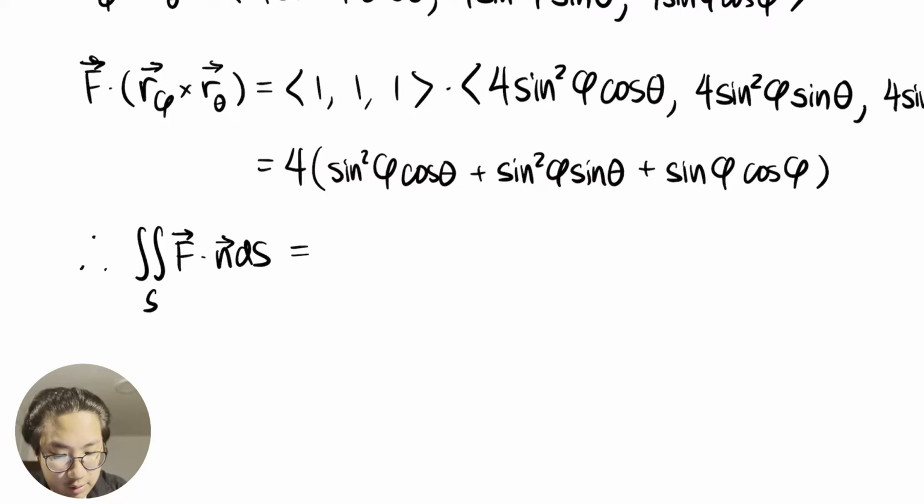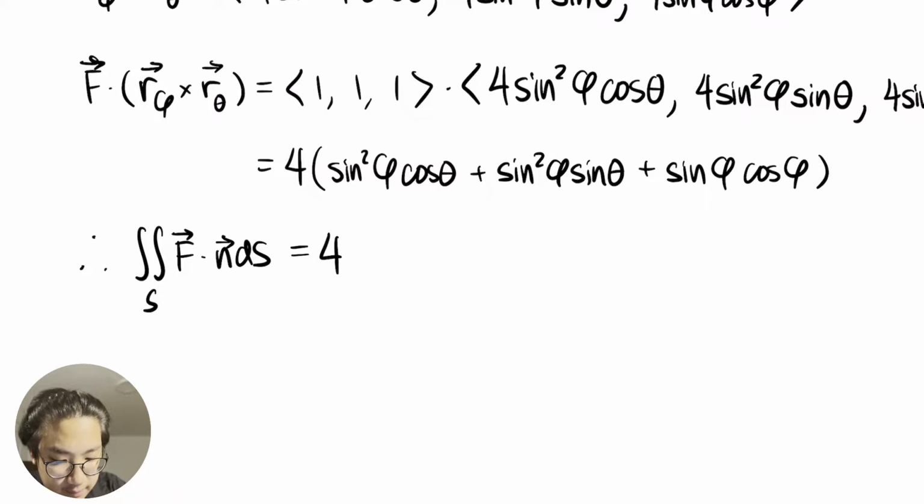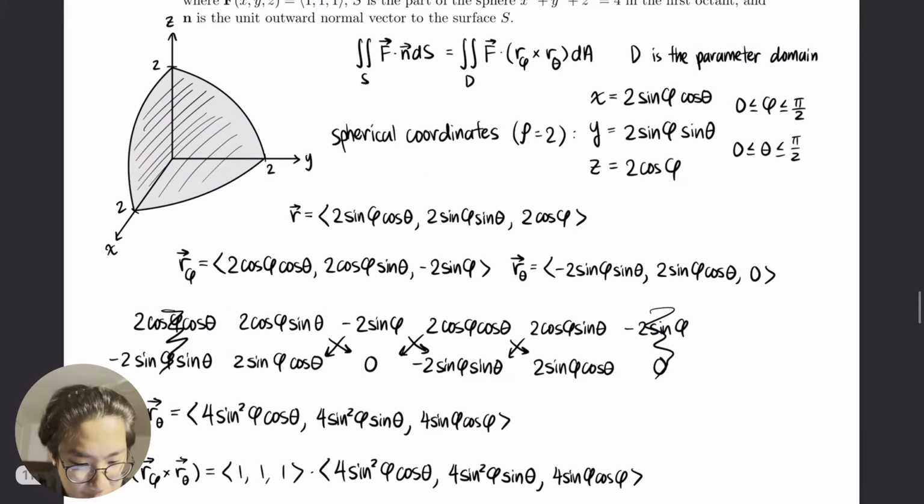Again, we're integrating this function, so we can pull out the 4 first. And then now we can actually set up the double integral. Remember our domain D is just the parameter domain, which is right over here. And remember with spherical coordinates, we usually go d rho, d phi, d theta. So we'll go in the same order. So d phi, d theta. In this case, it doesn't really matter because both are between 0 and pi over 2.